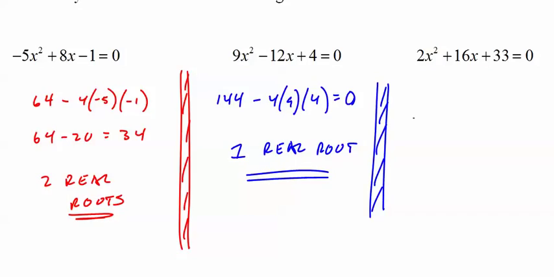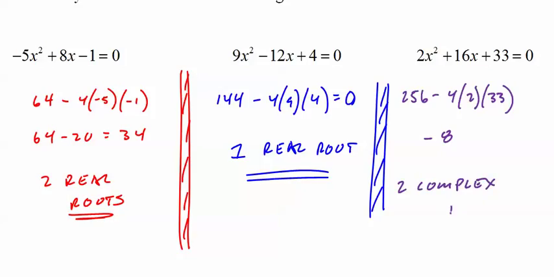And 16 squared is 256 minus 4 times 2 times 33. We get negative 8. So we have 2 complex roots, no real roots.